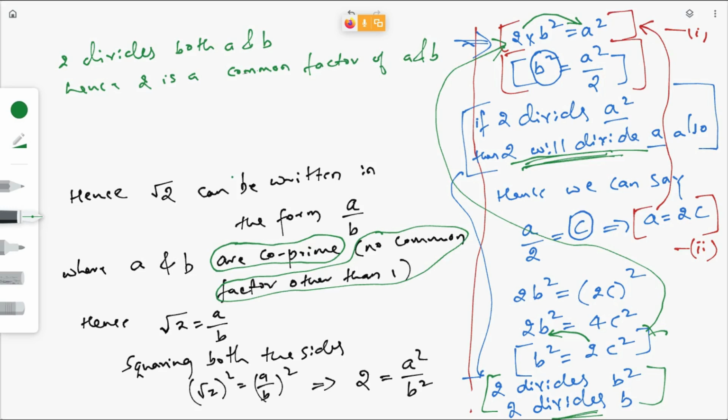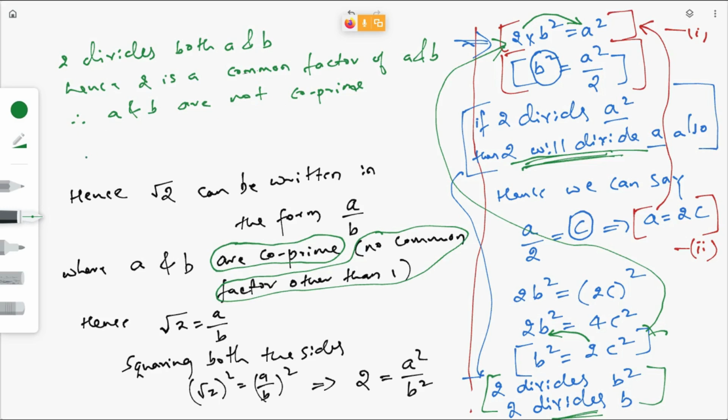Therefore, as per this statement, a and b can't be co-prime, because 2 is a common factor here. If 2 is a common factor, then definitely a and b are not co-prime.